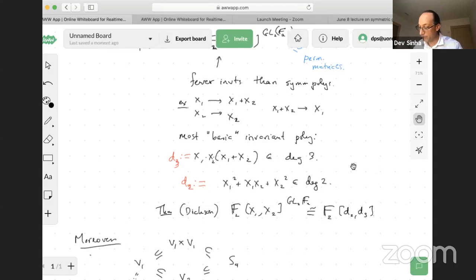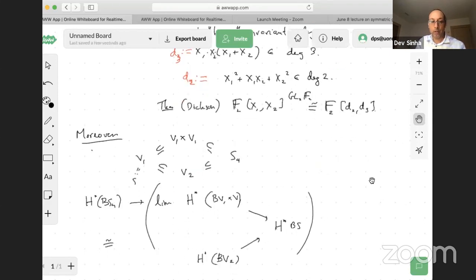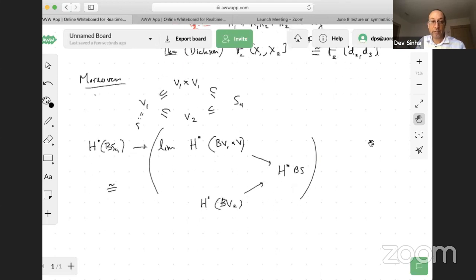There's a diagram, let me just draw it out. And the claim is that this is actually an isomorphism. The claim is that it's injective, but it's actually an isomorphism, and I'll prove that for you by producing enough cohomology.